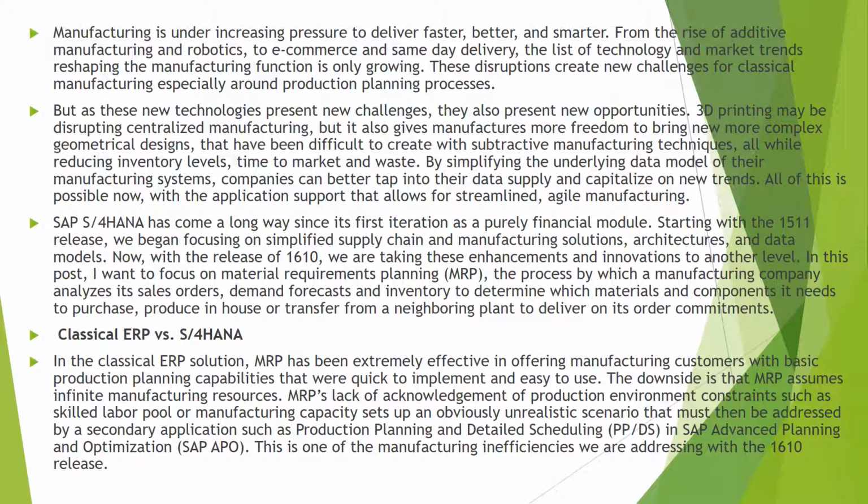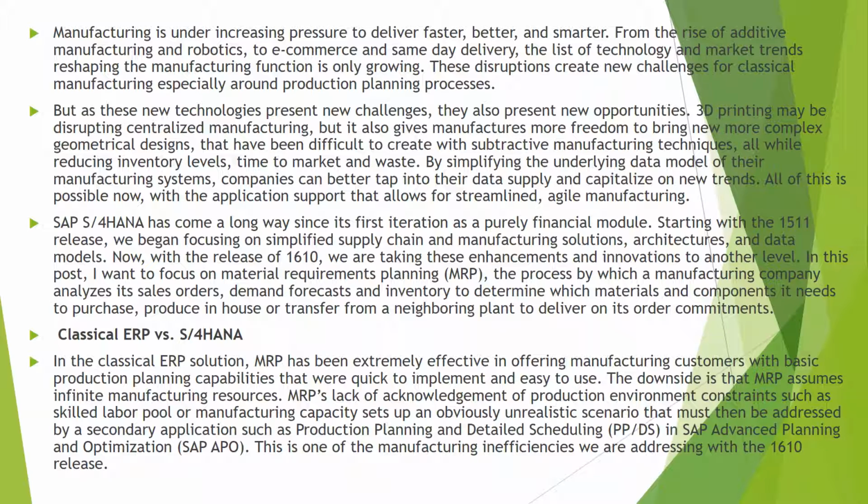SAP S/4HANA has come a long way since its first iteration as a purely financial model with SAP Simple Finance, now renamed Enterprise Management S/4HANA. Starting with the 1511 release, we began focusing on simplified supply chain and manufacturing solutions, architectures, and data models. Now with the release of 1610, we are taking this enhancement and innovation to another level.